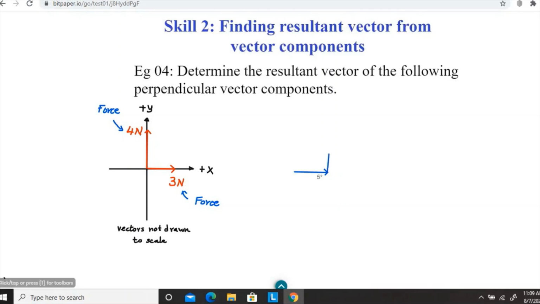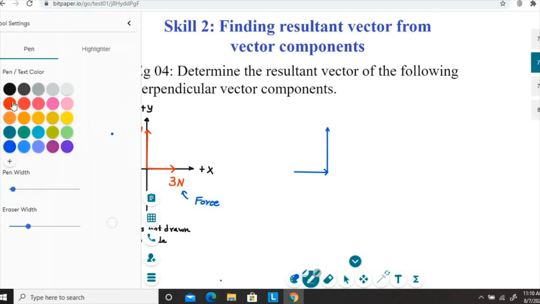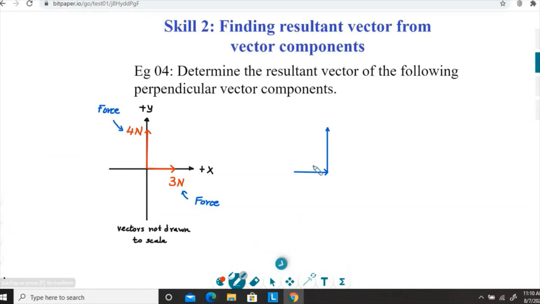And then the 4 Newton vector like that. And then I will get the resultant vector by connecting the free ends of these two vectors like that. So that's going to be my resultant vector.